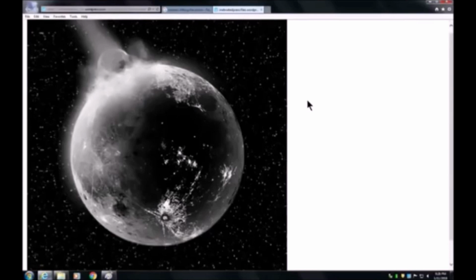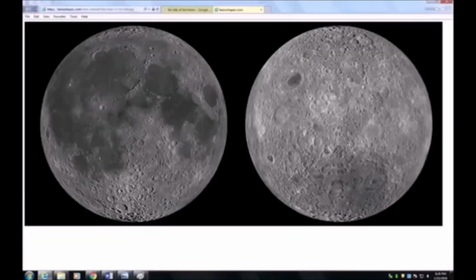And that went on for about 500 million years. And then all of those bodies flying around aggregated into the planets and moons that we know today. All right, so that bombardment ended after 500 million years.